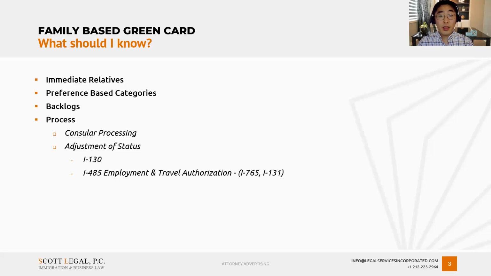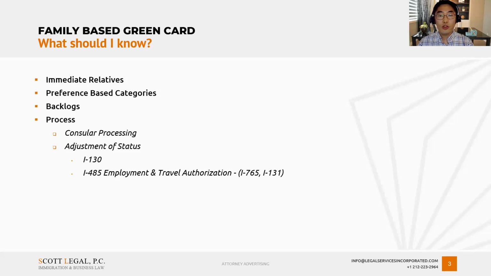A big issue with these preference-based categories is that the case processing time is governed by the Department of State's visa bulletin. The Department of State updates the visa bulletin every month, which causes a lot of backlogs. This means that while green card cases for immediate relatives are always available, green card cases for the preference-based categories may not be.